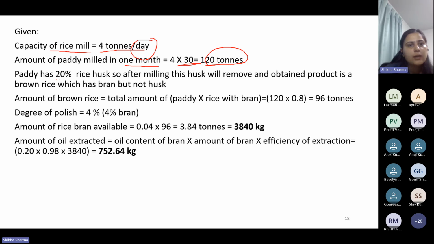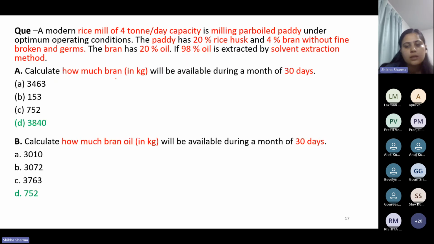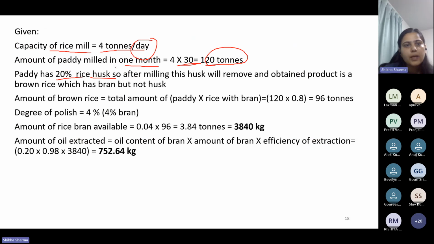Then the paddy has 20% rice husk and 4% bran. When we mill, this husk is removed, and what we get is brown rice.